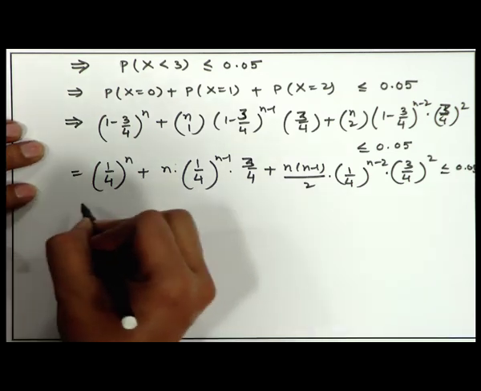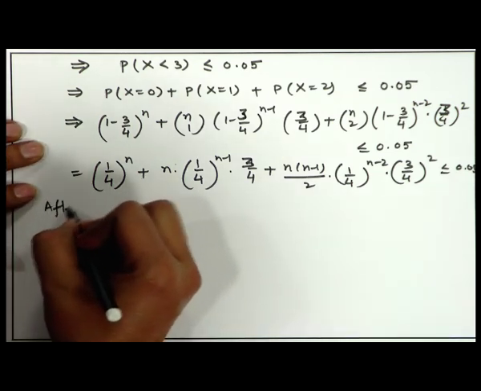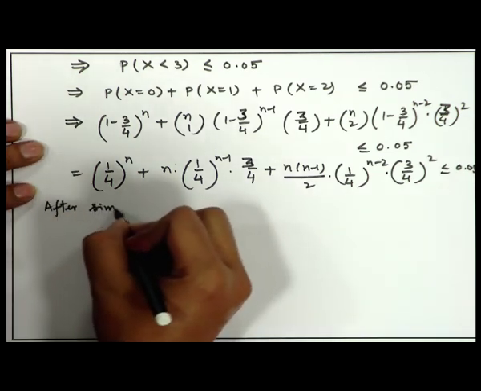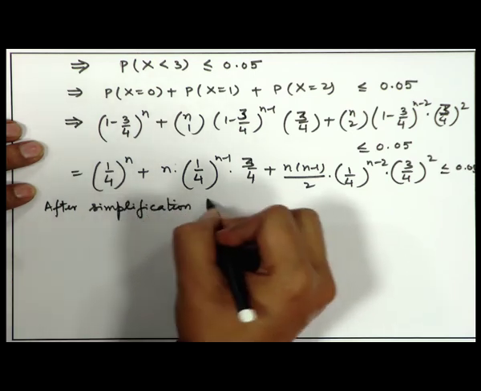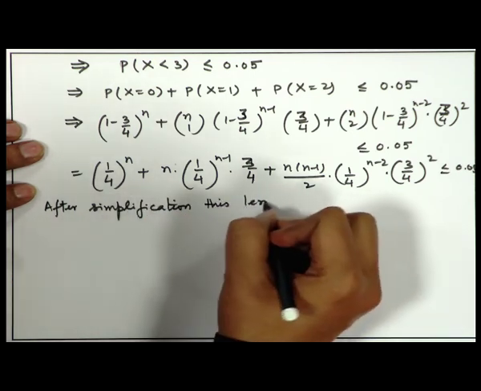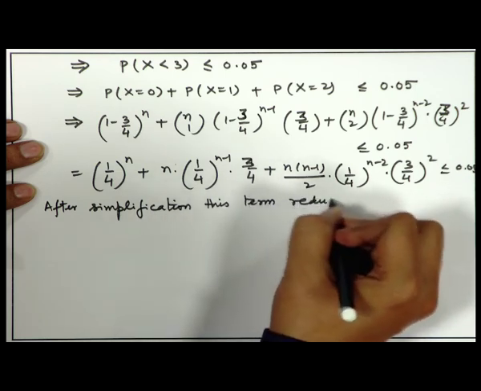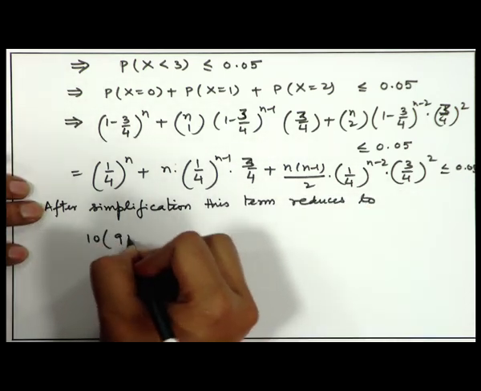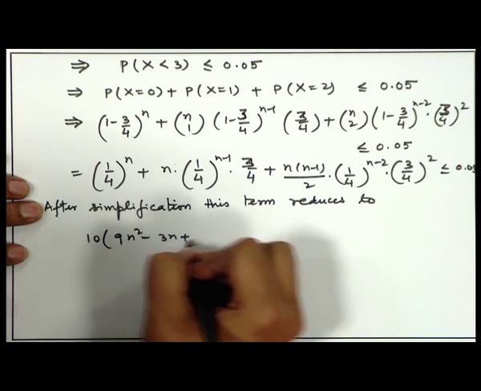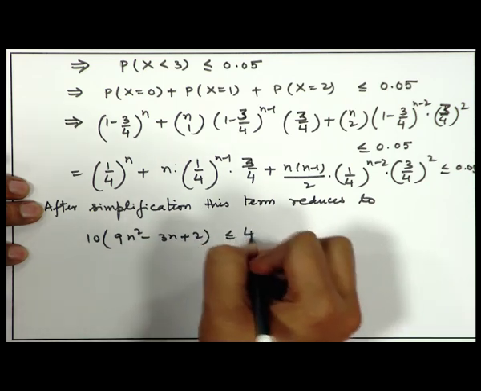So, we can simplify this. 10 into (9n square minus 3n plus 2) less than or equal to 4 to the power n.